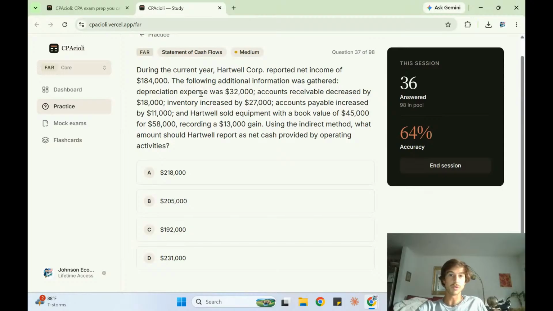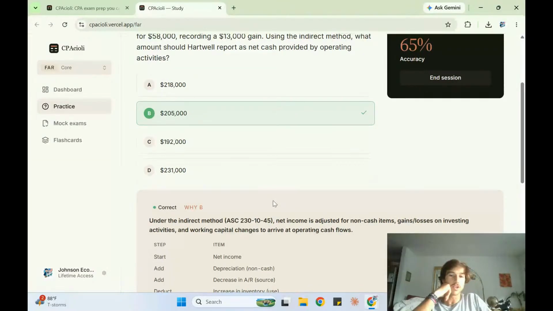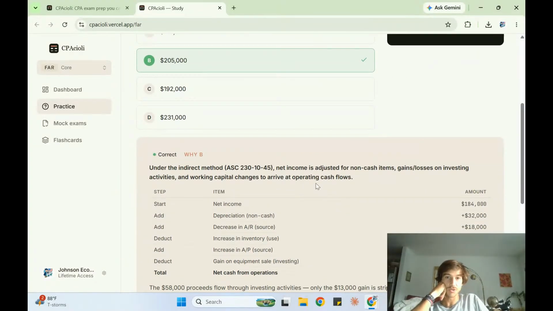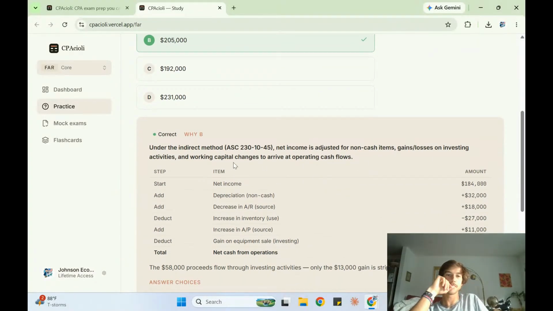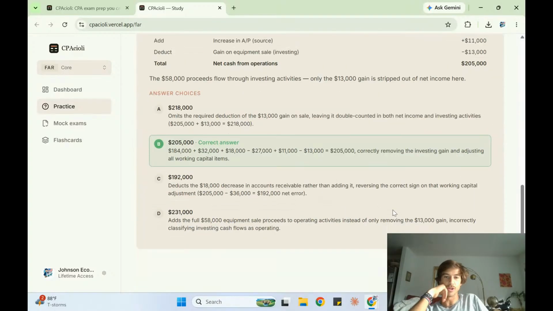Sold equipment with a book value, it's the gain, so you subtract the gain. And then after doing all those, it's 205, which is an answer choice. Yay, let's go. So net income is adjusted for non-cash items to get the net cash from operations.